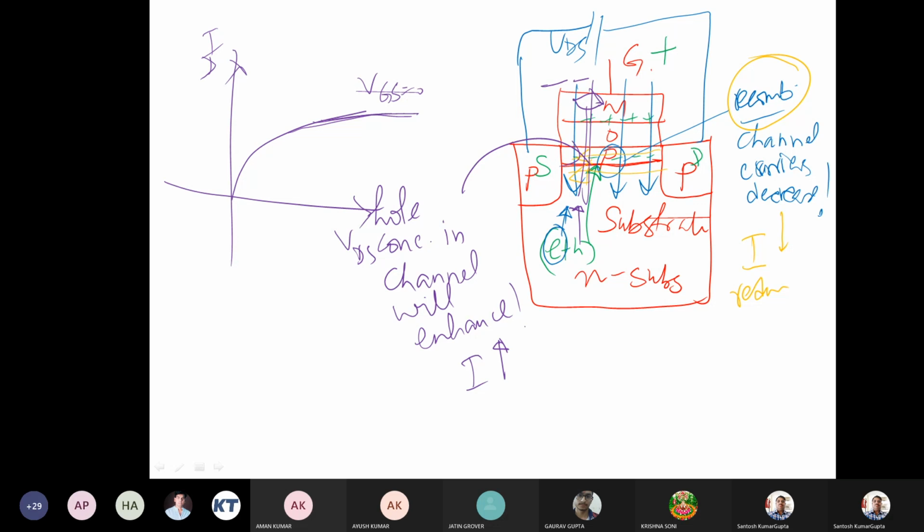There is no further improvement, even though we increase VDS. Now, we just saw that if we apply a positive gate voltage, the channel reduces and the current reduces. So the current will decrease like this for a positive gate voltage.